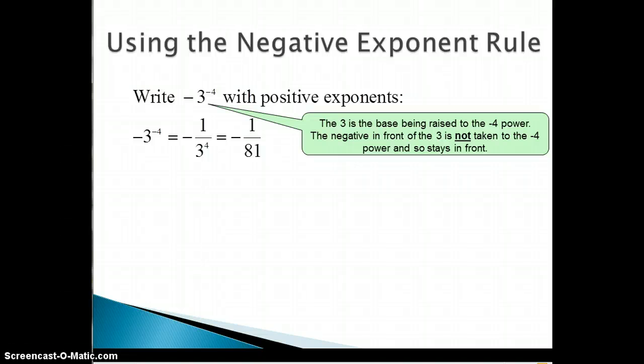So the negative sign, notice, just stays in front in each step. And then to change the exponent of negative 4 to positive, we simply move that base of 3 down to the denominator, change the exponent to positive, and then we put our 1 in the numerator because we can't leave the numerator empty. And of course 3 to the 4th can be simplified to 81, so our final answer is negative 1 over 81.